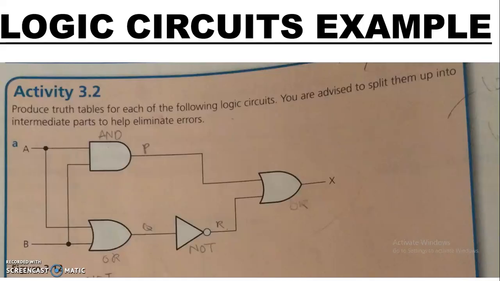Okay, this is the logic circuits example from the IGCSE course book. This is activity 3.2, and these are the logic circuits. This is the example I'll be working through. You have to produce truth tables for each of the following logic circuits. You're advised to split them up into intermediate parts to help eliminate errors.